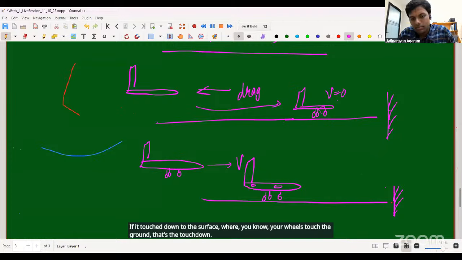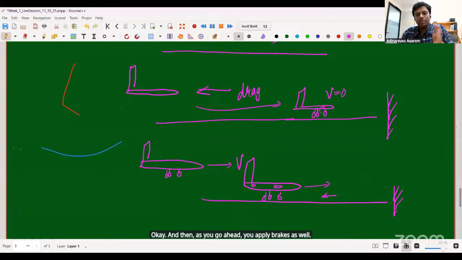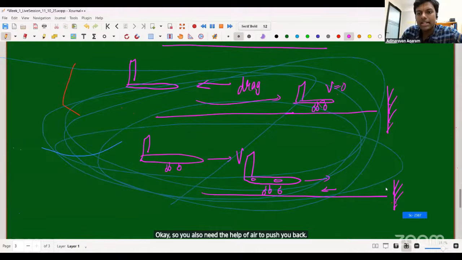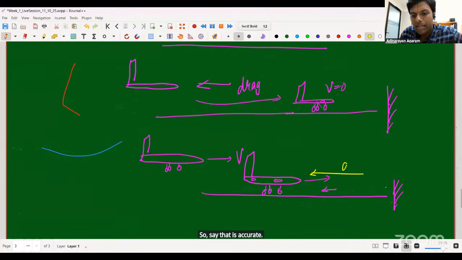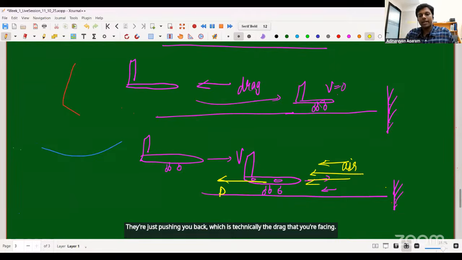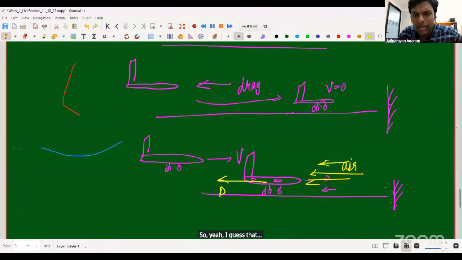Then as you go ahead, you apply brakes as well, but your brakes cannot completely stop you at such a high speed. So you also need the help of air to push you back. The air pushing you back is technically the drag that you're facing. Is that your doubt? I hope that is clear.